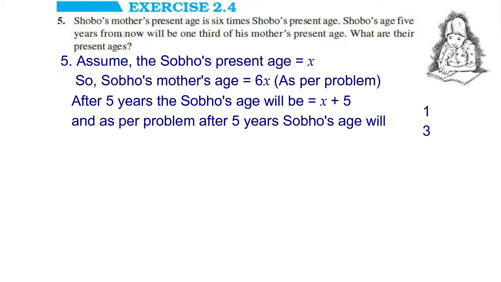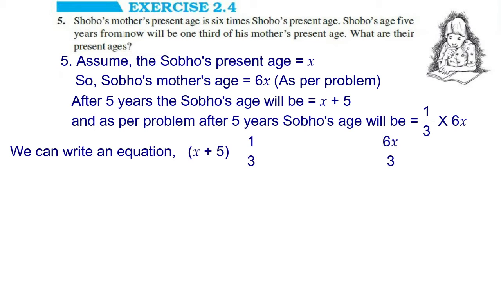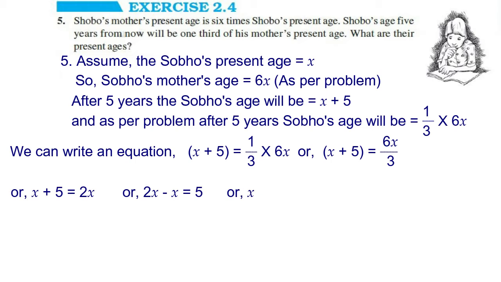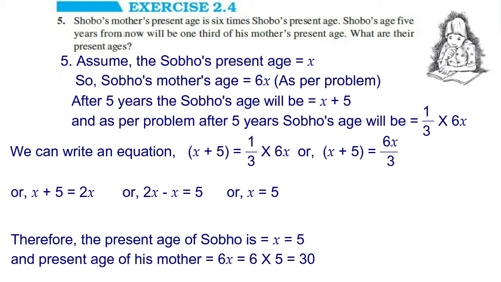Means we can write an equation: x plus 5 is equal to 1/3 into 6x, means x plus 5 equal to 2x. Now we can separate the variables and the numbers, then we can write 2x minus x is equal to 5, or x equal to 5. The present age of Shubho is equal to 5 and the present age of his mother is equal to 6x, means 6 into 5 is equal to 30.